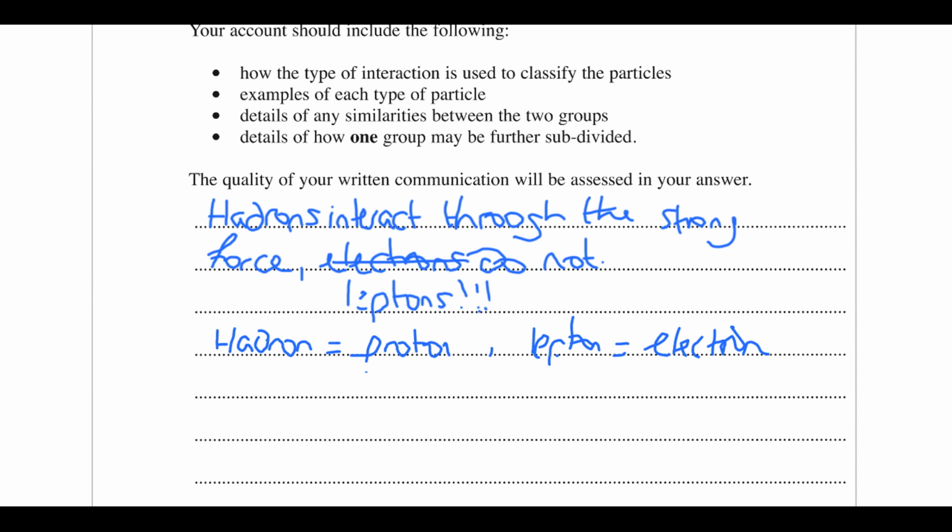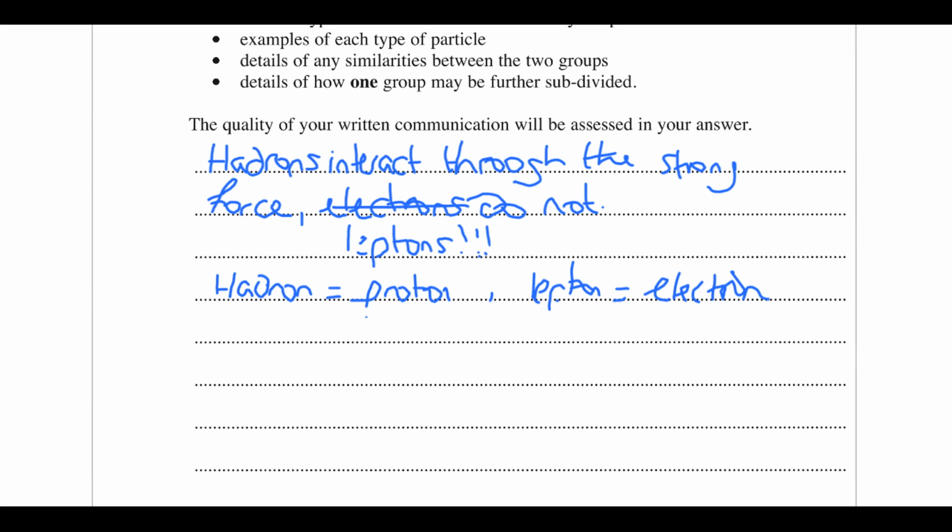So some similarities between the 2 groups. In your category of hadrons, you've got charged and neutral particles, whereas leptons, you also have charged and neutral particles. That would be a similarity. They all have mass, or a rest energy.